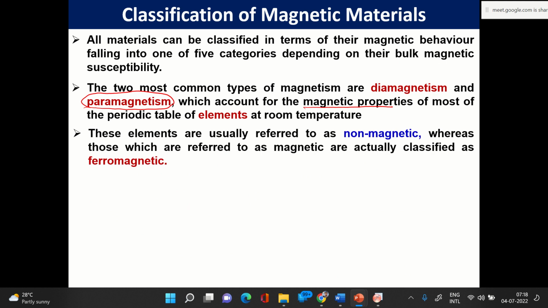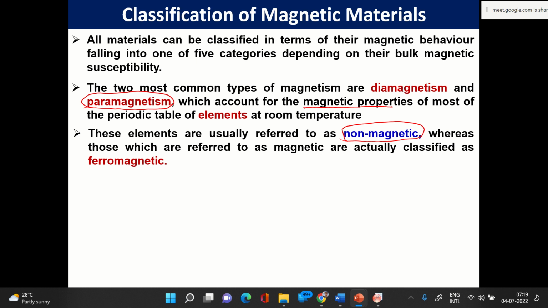But in practical life, diamagnetic, paramagnetic, antiferromagnetic, these are all treated as non-magnetic things, because if you bring them towards a magnet, they won't feel attracted. Sorry, they do not retain the magnetism property in the absence of any magnetic field.